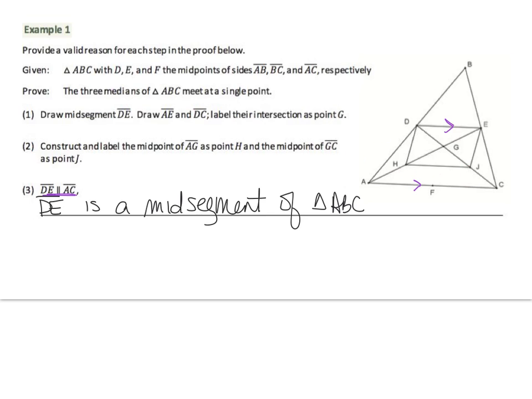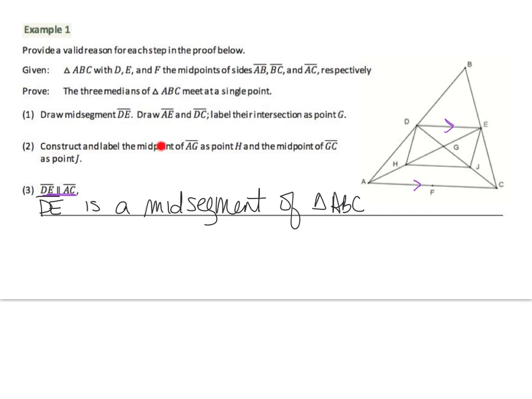First, draw midsegment DE, done. Draw AE and CD, and label their intersection as point G. So we have a median and a midsegment, and the two medians intersect here.